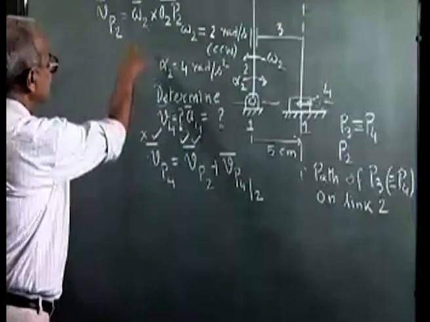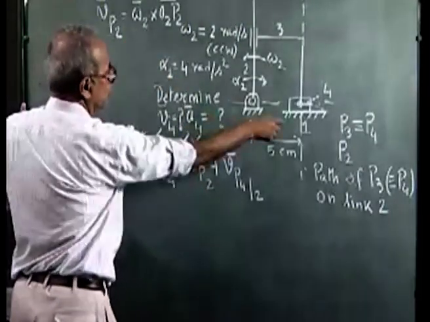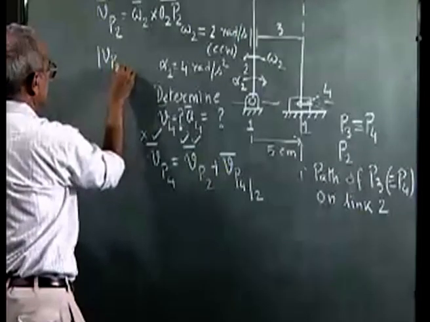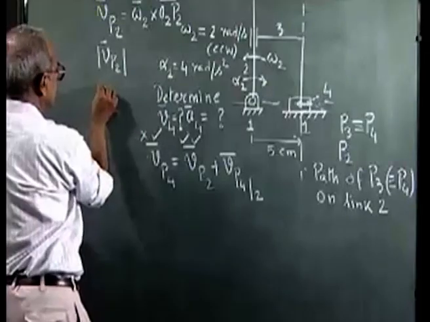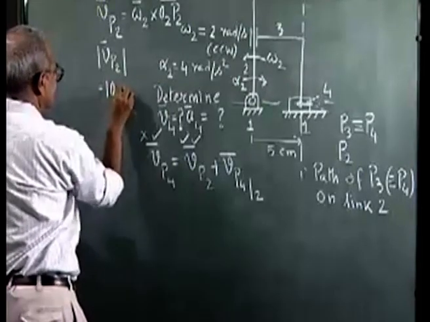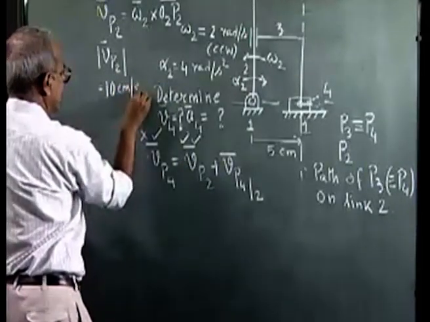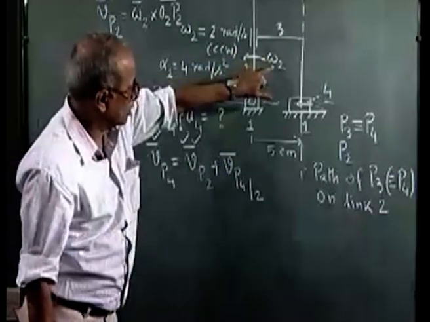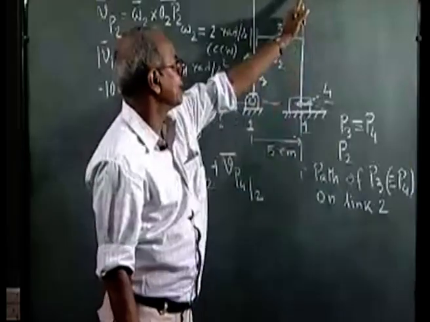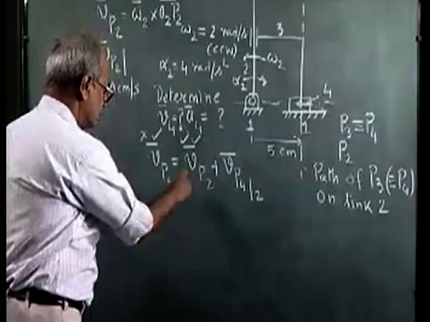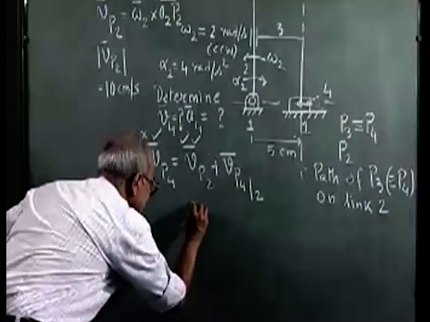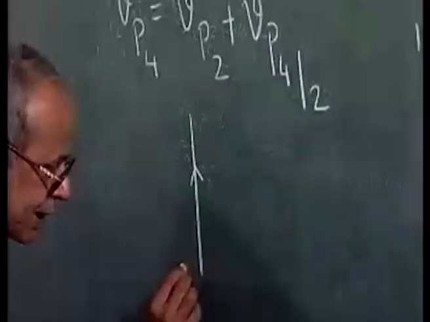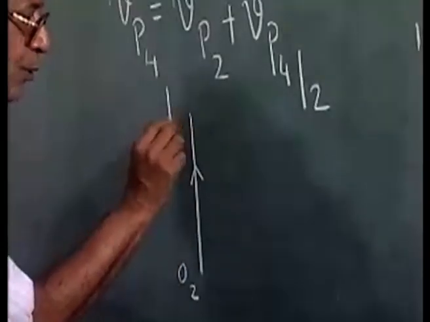Omega 2 is 2, O2 P2 is 5, so the magnitude is 10 centimeter per second, and because of this counterclockwise omega 2, the velocity of P2 is in the vertically upward direction. So I can draw velocity of P2 which is vertically up, and let me represent it as O2 P2.